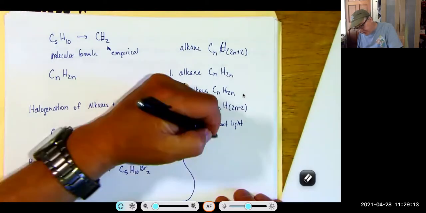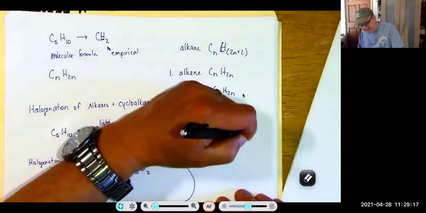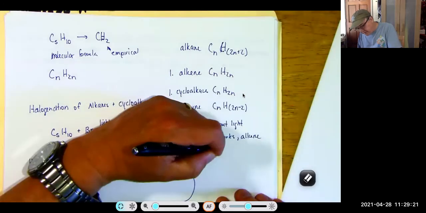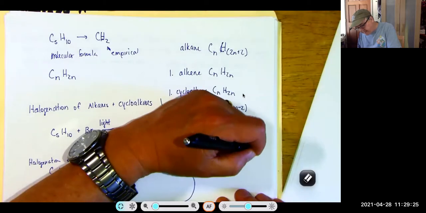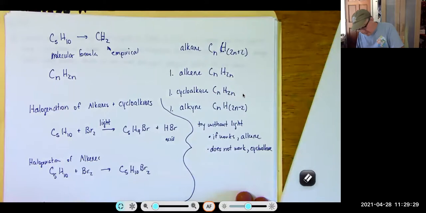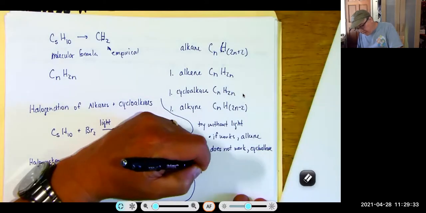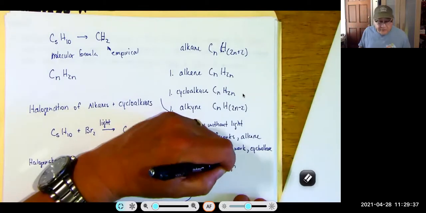If it works, it's an alkene. If it does not work, you've got the cycloalkane. Are you with me there? Okay. Now try it with light. Now they're both going to work if you have light.